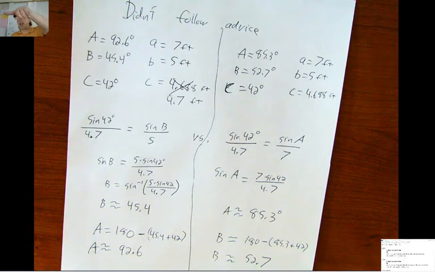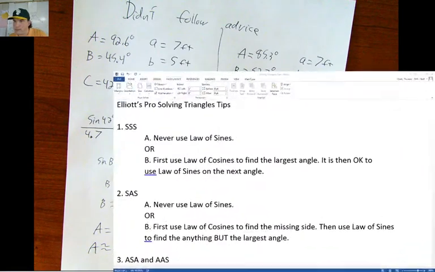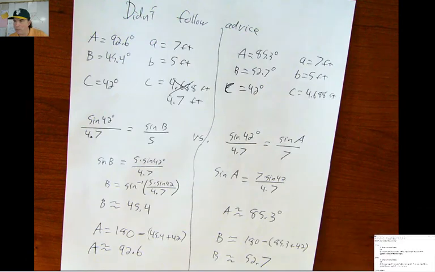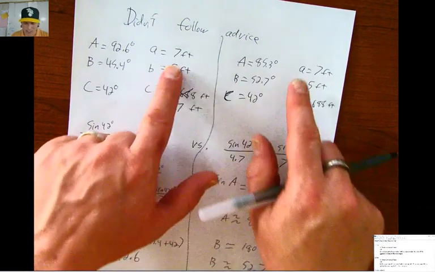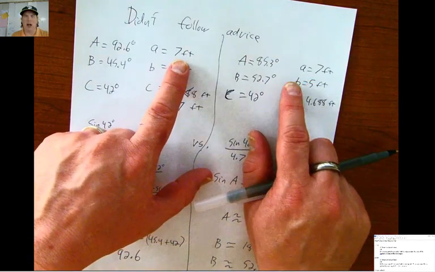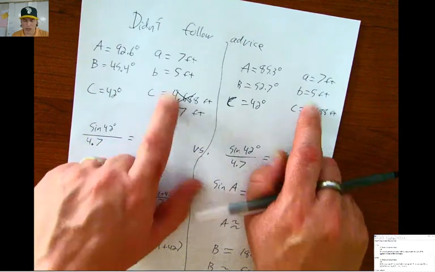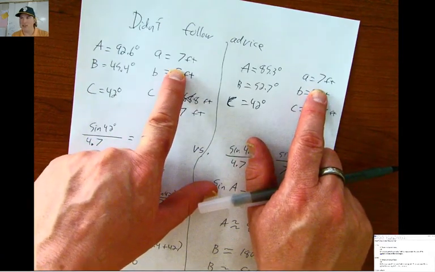You didn't follow Elliot's advice. Let's go back to Elliot's advice. Elliot says, use law of sines to find anything but the largest angle. Which angle's the largest? It's the angle opposite the longest side. So when you look through this triangle, the longest side is the 7 feet.